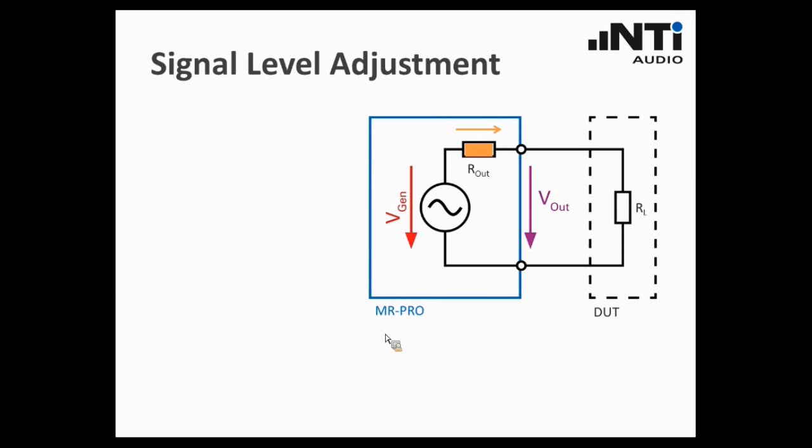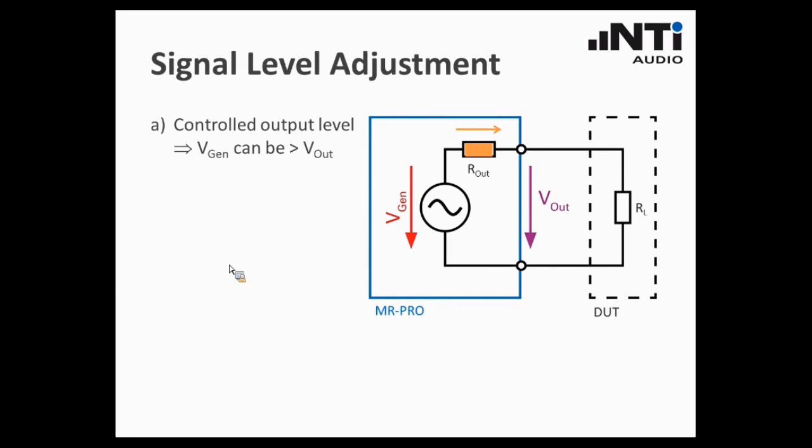existing signal generator always has an internal output impedance. And depending on the size of the load impedance, the voltage drop across this output impedance can have a noticeable impact on the output voltage, meaning that the generated voltage may be higher than the actually provided output voltage at the output pins. There are three ways to cope with that.